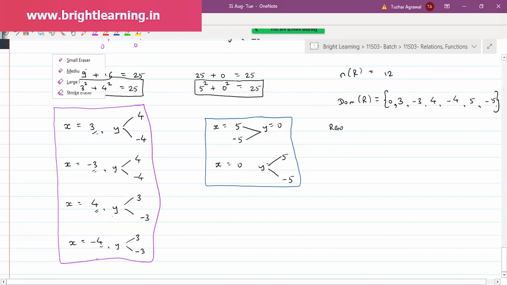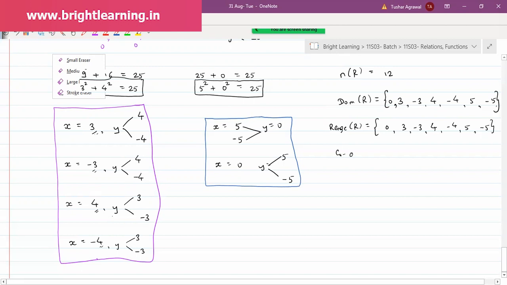Range of R, I think it becomes the same as domain. Range is again the set of second elements. So y equal to 0 is there, y equal to 3 and minus 3 is also included, y can be 4 and minus 4 also, and y can be 5 and minus 5 also. So this is the case where domain and range turned out to be the same.